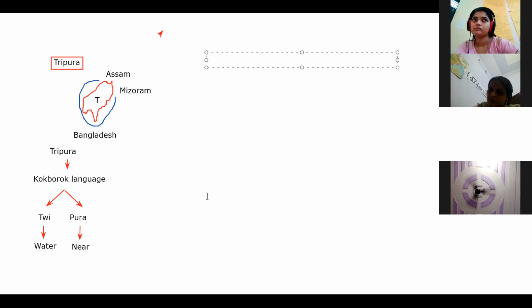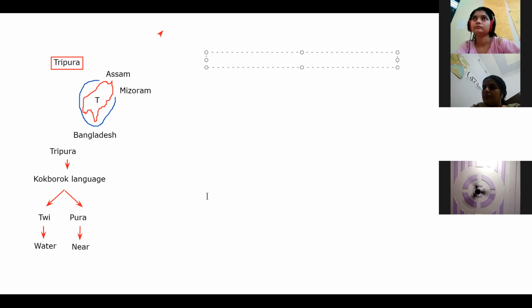Your mind should be cool, your mind should be stable, and you should be sitting in a comfortable position. Only then you will be able to grasp.